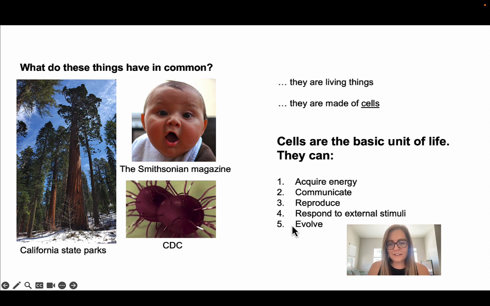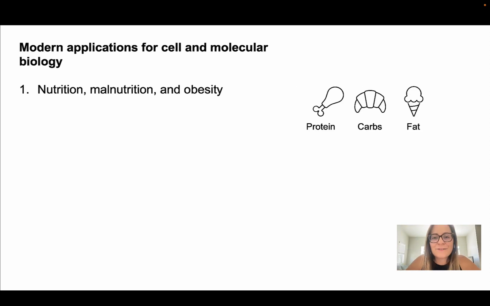And at the level of a single cell, we're going to look at, in this class, how these processes occur normally and how they might be disrupted in disease. So as you learn more about the components of a cell or processes in a cell, you'll be able to take future coursework that will extend this knowledge to modern applications, including something like nutrition.